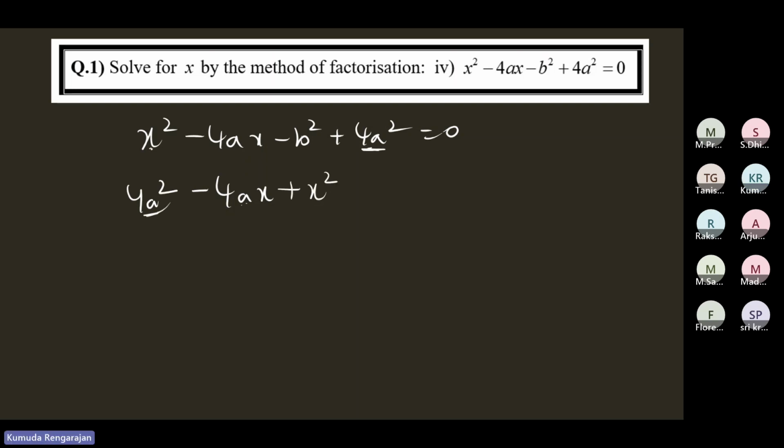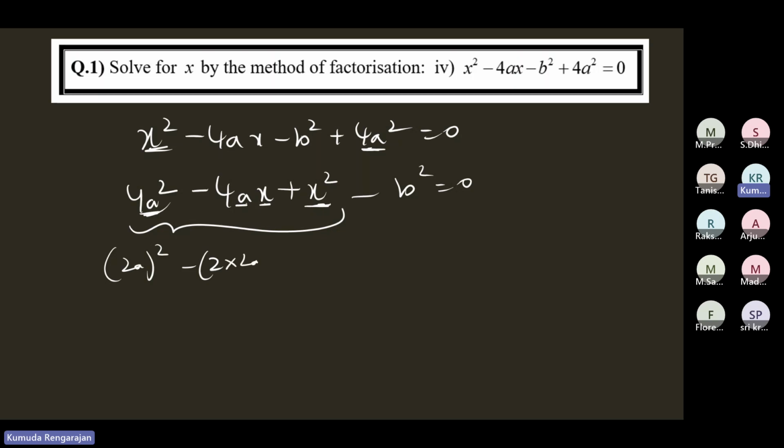This one and this one. Because a square, x square. And then the leftover term minus b square is equal to 0. Now these three terms, 2a the whole square minus 2 into 2a into x plus x the whole square, minus b the whole square is equal to 0.